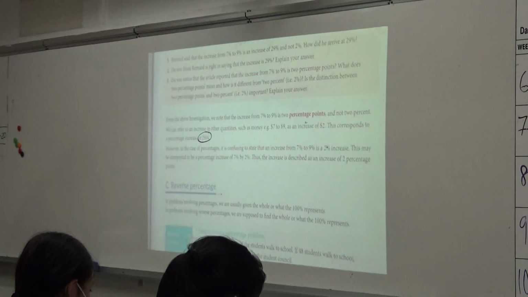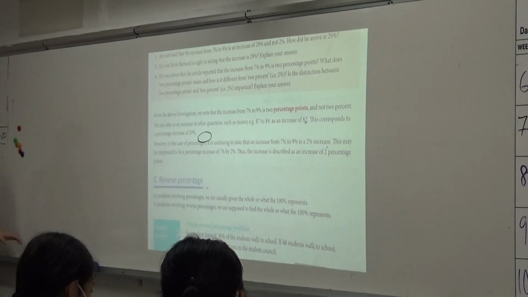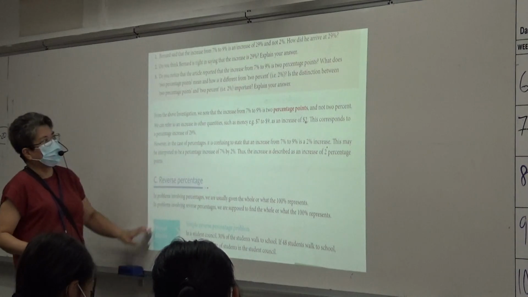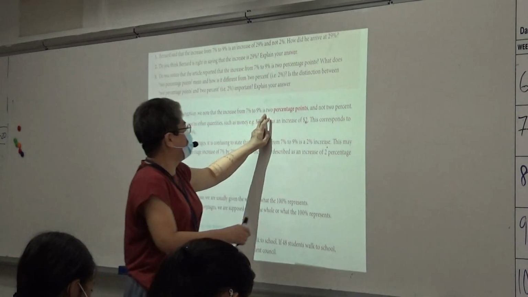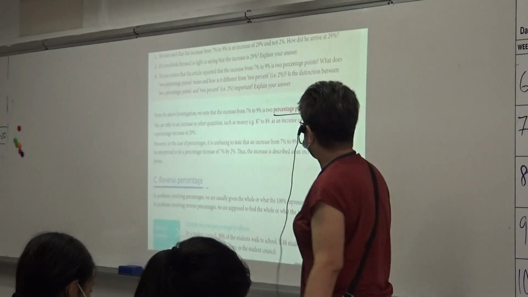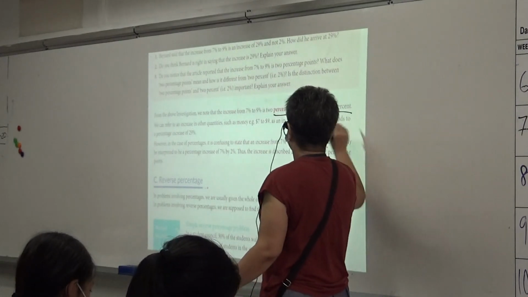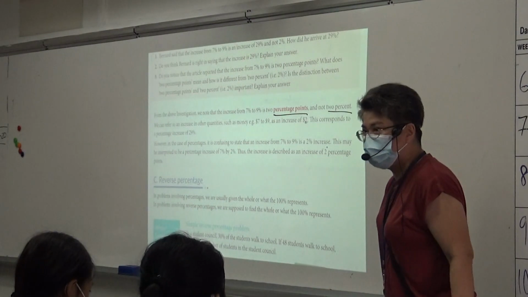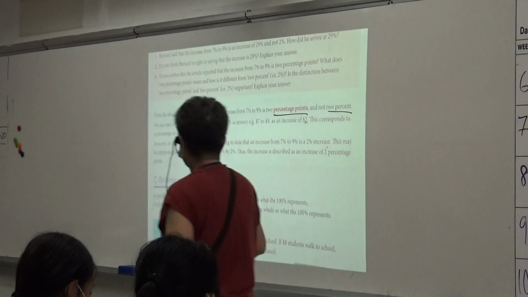Now, can you look at the below here? We know that the increase from 7% to 9% is 2 percentage points. Can you see the highlight for you? And not 2%. It's an increase of 2 percentage points. Now, why?